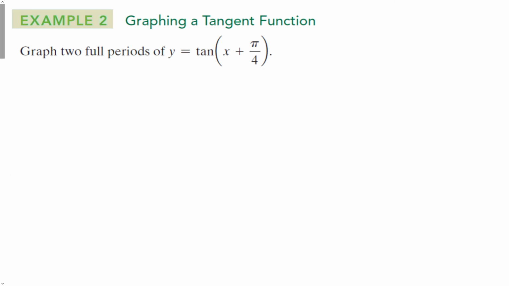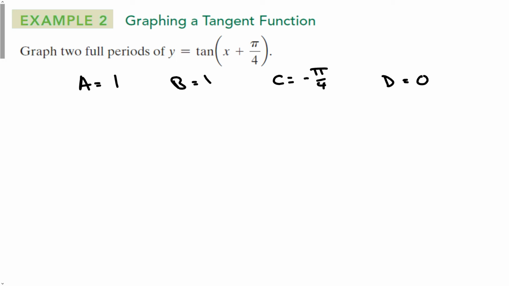So let's try another one, this time without any of the little help from the steps from the textbook. Again, we're going to go A, B, C. C is technically negative pi over 4 because we're shifting the function to the left, and D is 0.